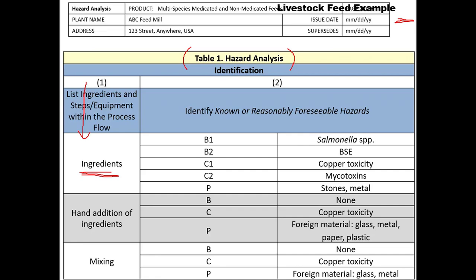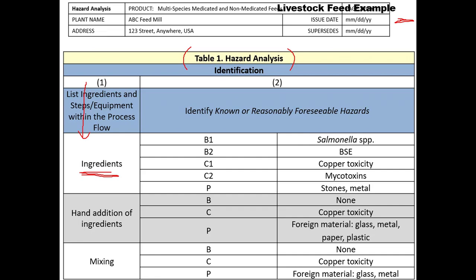What I think makes more sense, and is a little bit more practical, is to group your ingredients based on hazards that could be associated with them. So you could put all of your proteins together and put all of your grains together. If you have an ingredient that is particularly high risk, I've seen a couple of companies do this where they have all of their ingredients in one box and then corn in the next box because that's where the hazards are coming in.